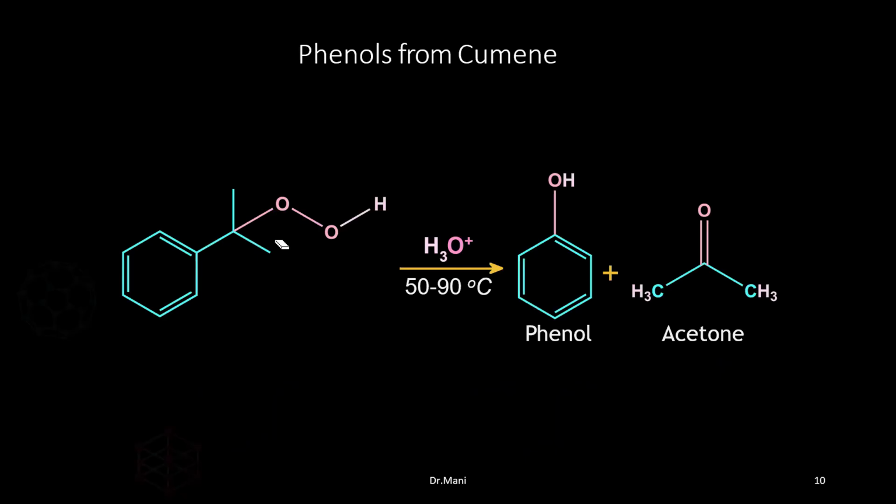This happens at 50 to 90 degrees Celsius, and it will give the phenol and acetone. So this step is called acid catalysis or treatment with an acid. You can call it acid-catalyzed rearrangement.